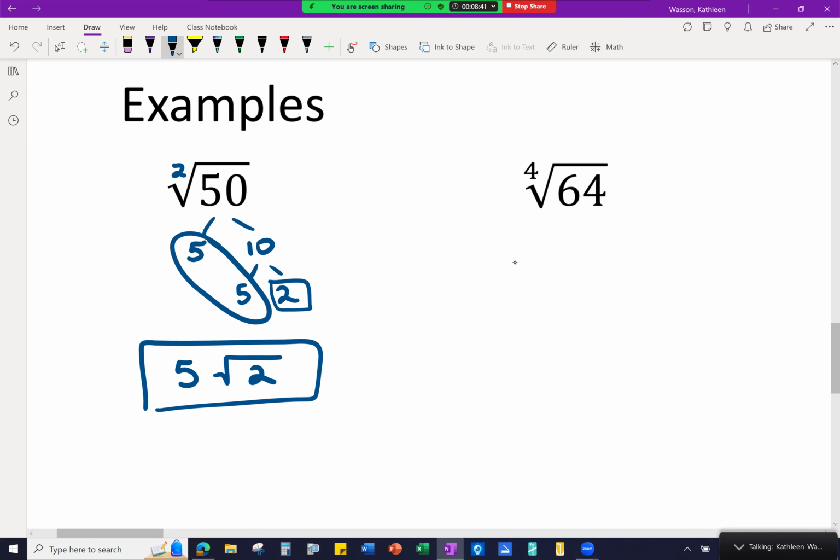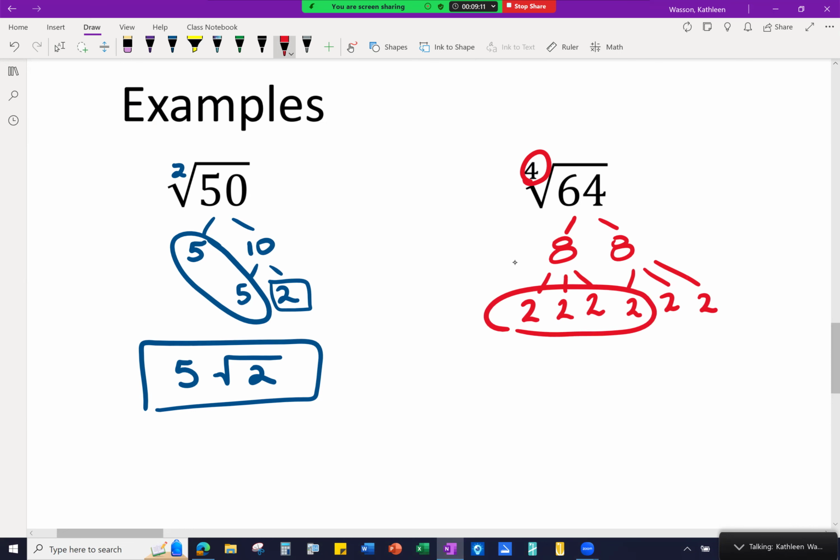With 64, I'll need sets of 4 matching factors. 64 is 8 times 8. 8 is a perfect cube. 2 times 2 times 2. Okay, so I need a set of 4 matching factors.